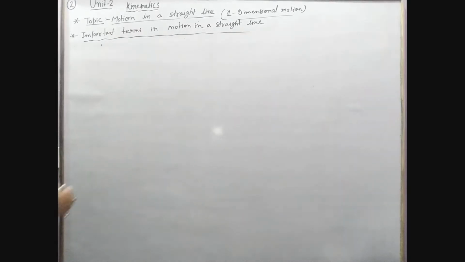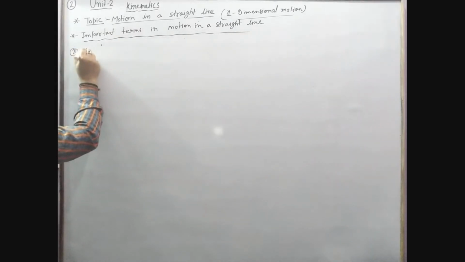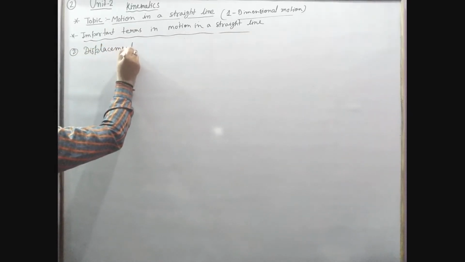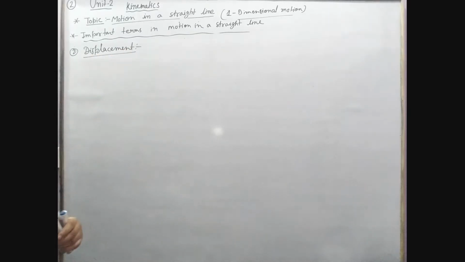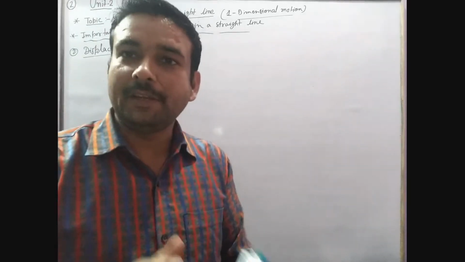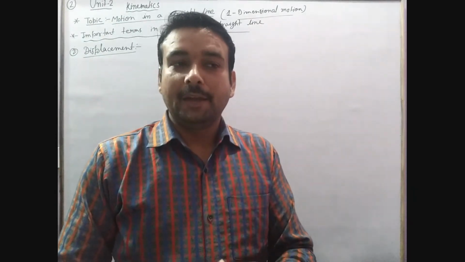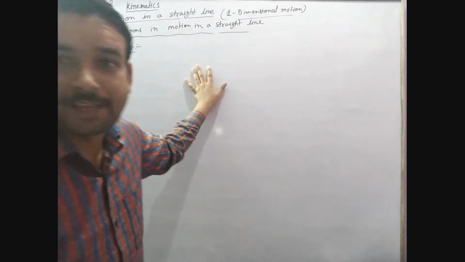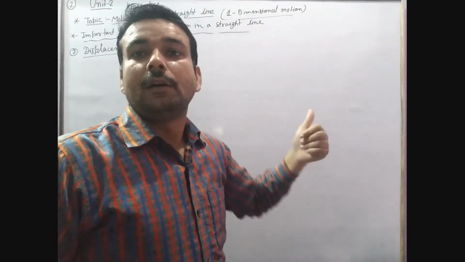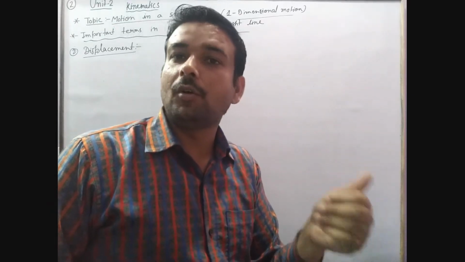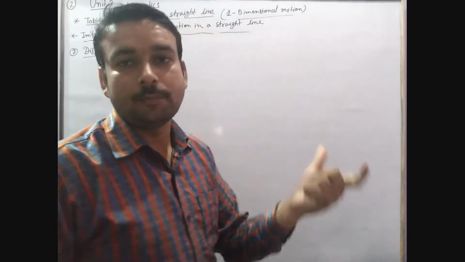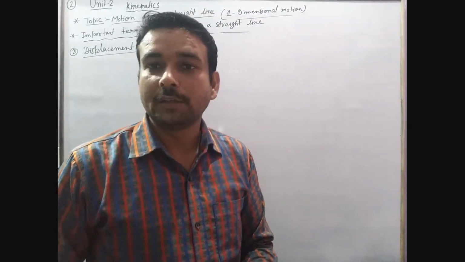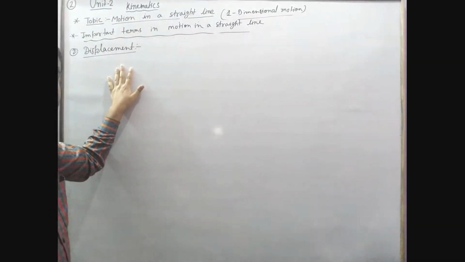Now next we have the displacement. Okay, displacement is a vector quantity and it is similar to the distance, but it concerns the position of an object at two different positions, in which the first is called the initial position and the other is called the final position.